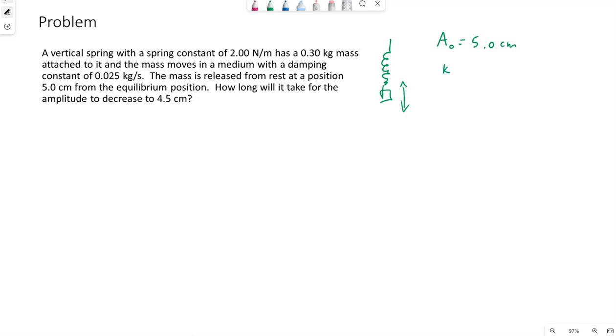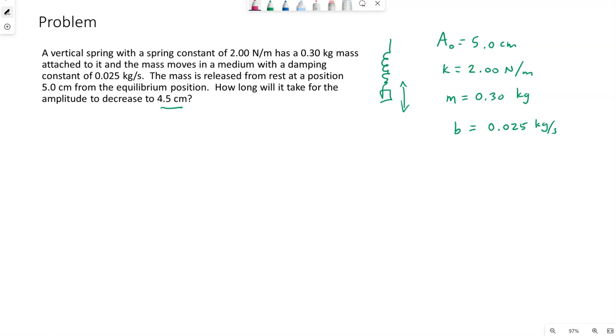They give us the spring constant, 2 newtons per meter, the mass, 0.3 kilograms, the damping constant, 0.025 kilograms per second. Mass released from rest at a position 5 centimeters from equilibrium. How long will it take for the amplitude to decrease to 4.5 centimeters?